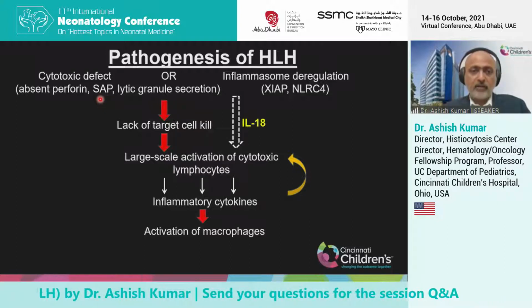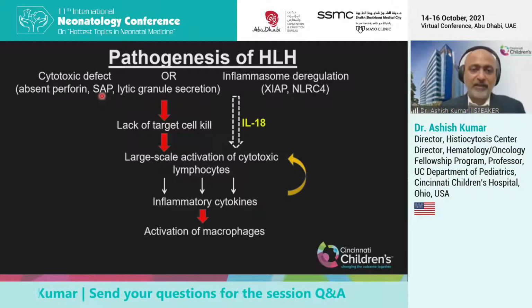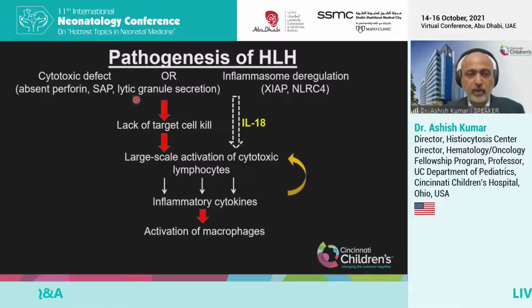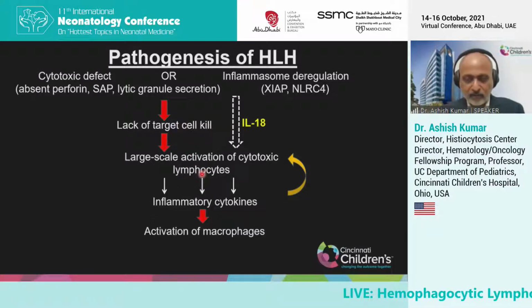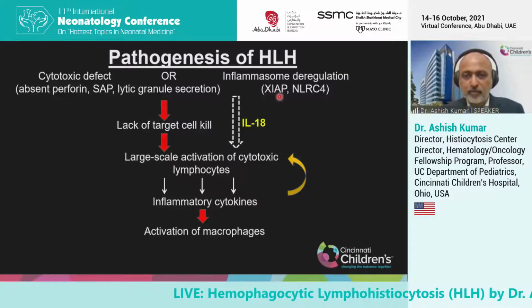So the disease is also known as XLP1, X-linked lymphoproliferative disease, but this is the name of the protein or the gene. And then all the genes that contribute to the cytotoxic granule secretion. If you're missing any of them, you cannot kill the target cell, and if you cannot kill the target cell, those lymphocytes are activated.